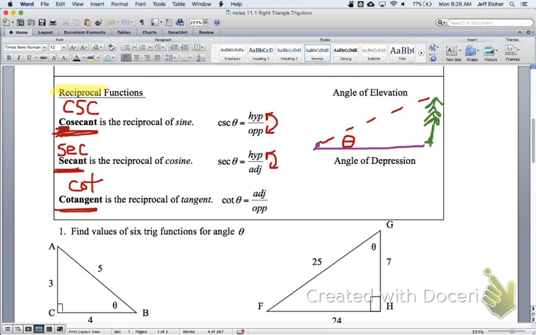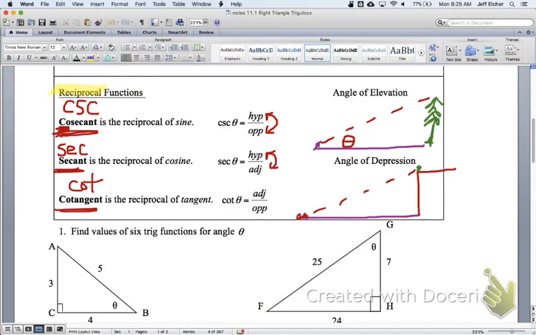Angle of depression. Let's say we have the ground right here, and a mountain or a building of some sort, and your person is right here, really small because it's far away. That person is looking down at something on the ground over there.